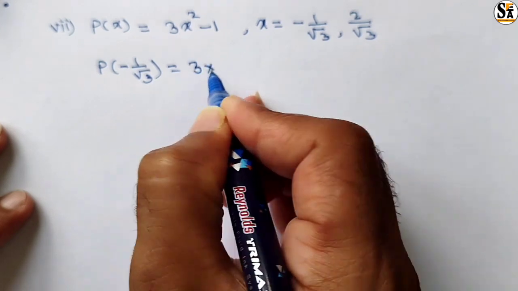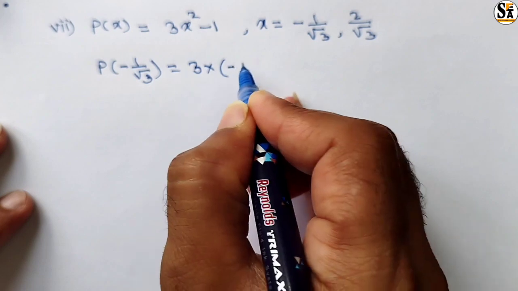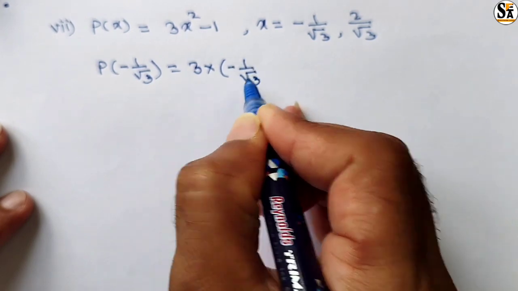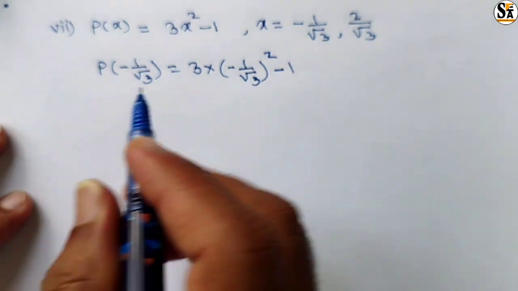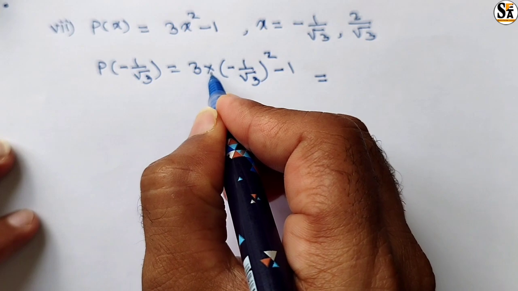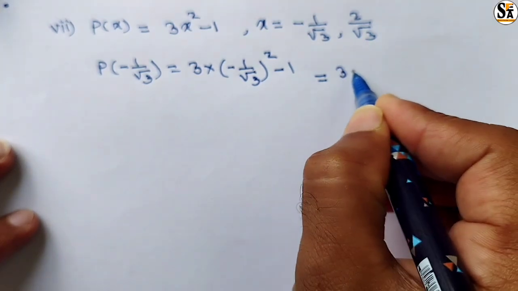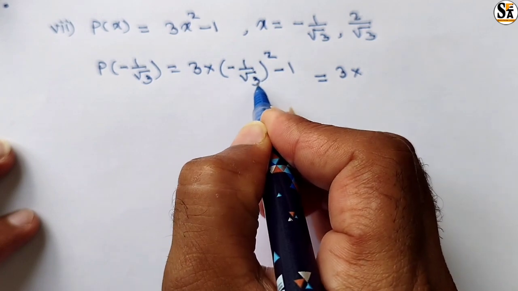3 into x square. Instead of x we are putting minus 1 upon square root of 3 bracket square, as it is minus 1. Just solve this. We will get here 3 will be as it is into, solve this bracket, minus 1 upon square root of 3.